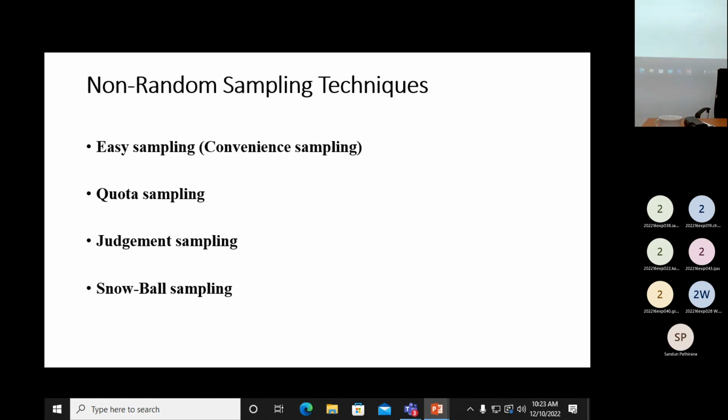Second advantage, we can take the support of another person who is having experience and knowledge about the sample items.